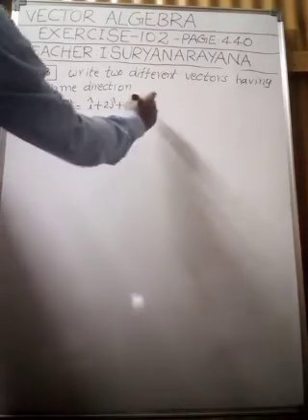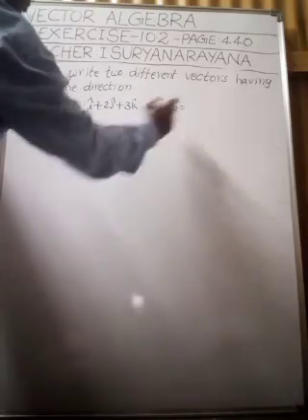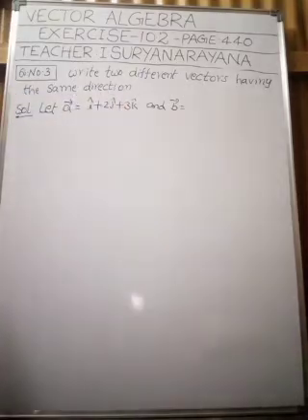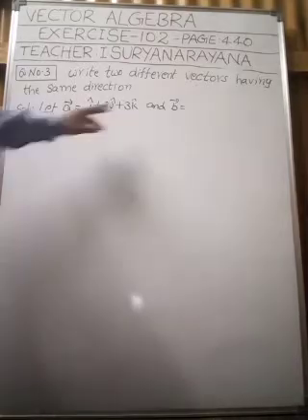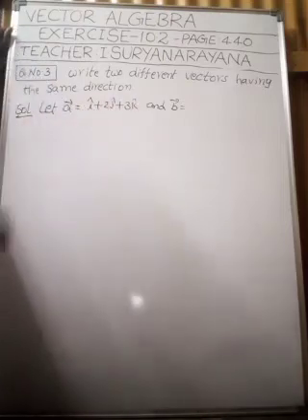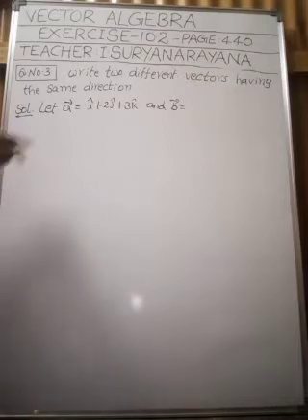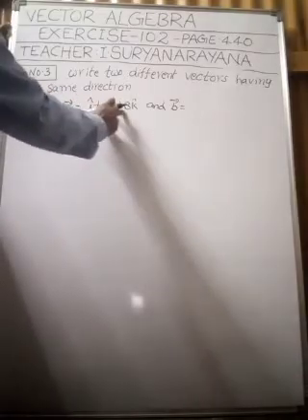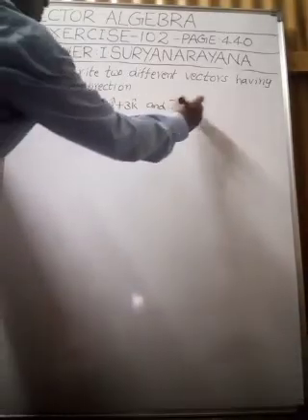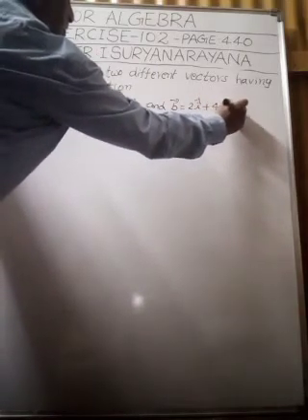To find another vector, just multiply this vector by any constant. I am multiplying this vector by 2. Okay, my children. So 2i cap plus 4j cap plus 6k cap.